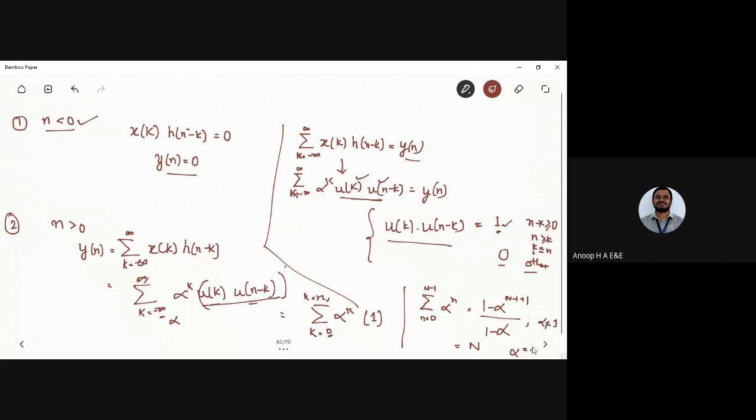So I have these two cases, which are alpha not equal to 1 and alpha equal to 1.